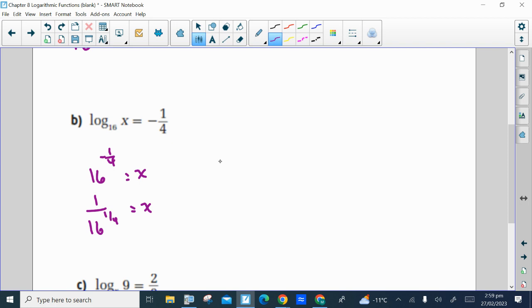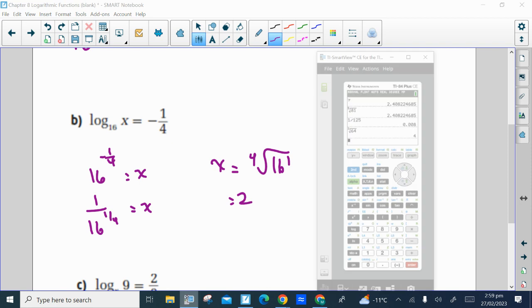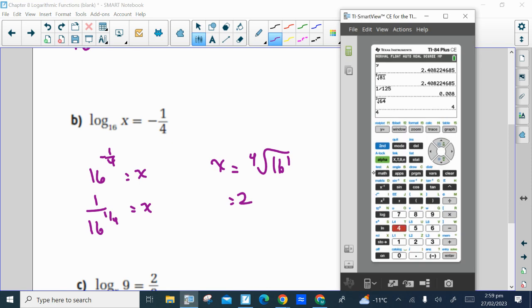And positive 1/4 as a power means the 4th root of 16. Really, the 4th root of 16 to the power 1. But power 1 doesn't change it. The 4th root of 16 is 2. To get that on the calculator, you'll have to put the 4 in first, and then math number 5 for the x root. 4th root of 16, 2.